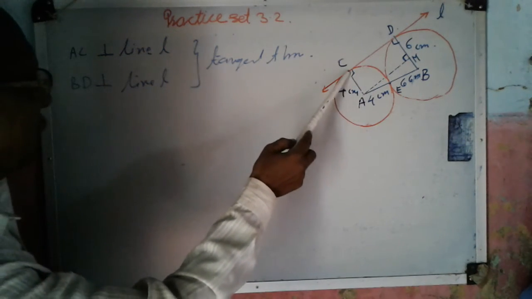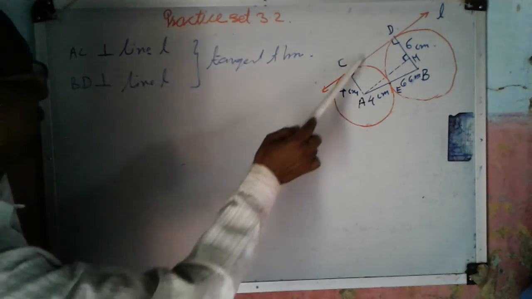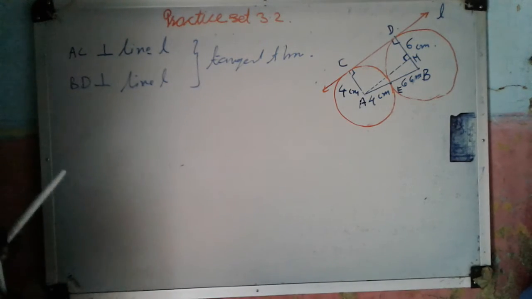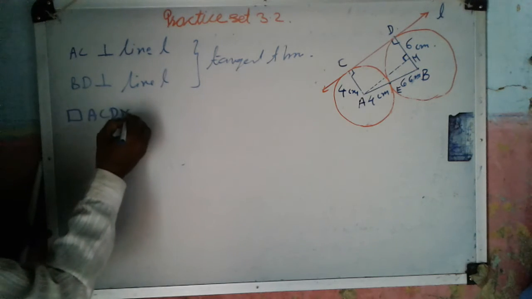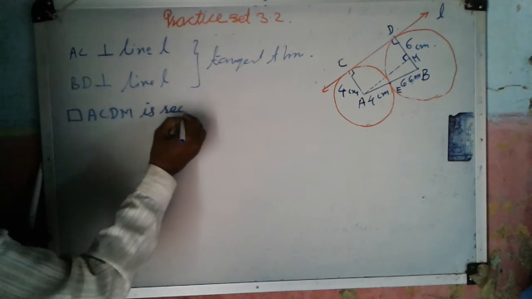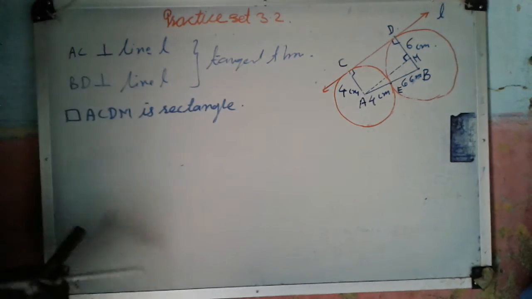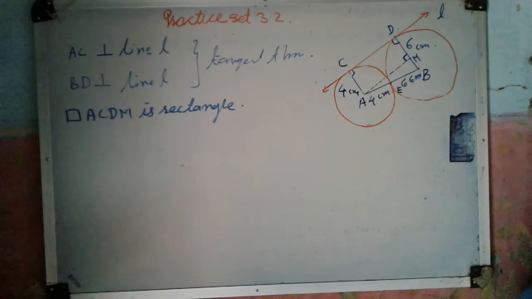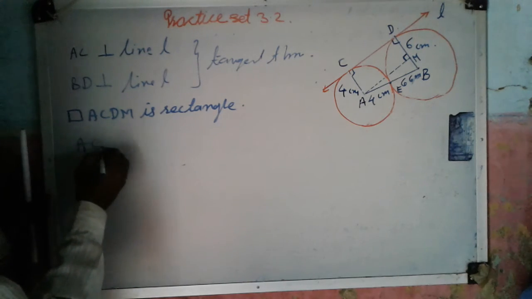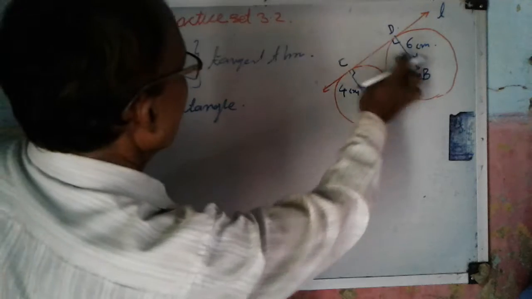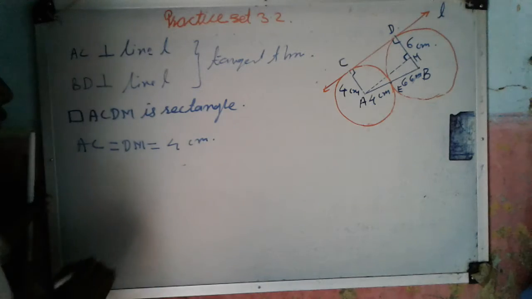That means angle CAM is also a right angle, and therefore quadrilateral ACDM is a rectangle. And therefore AC is equal to DM is equal to 4 centimeter.